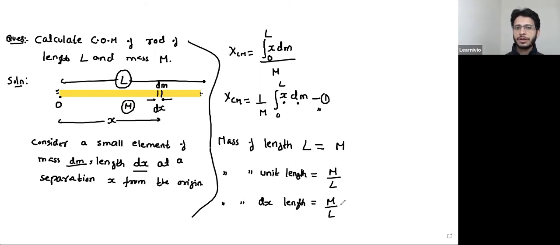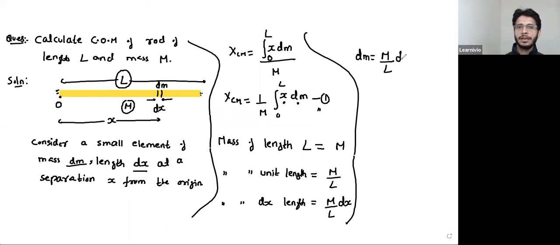It's mass per unit length multiplied by dx. This is what we call dm. So dm is M by L dx. Is it clear, this dm and the relation between dm and dx? Yes, sir, it's clear. I'm just using the unitary method.